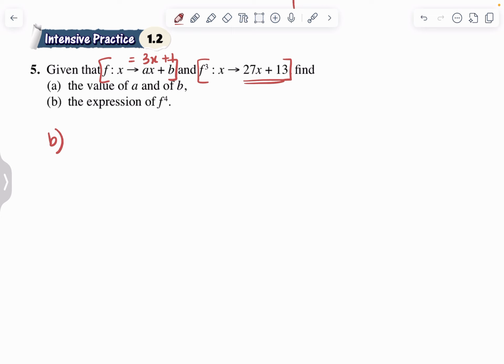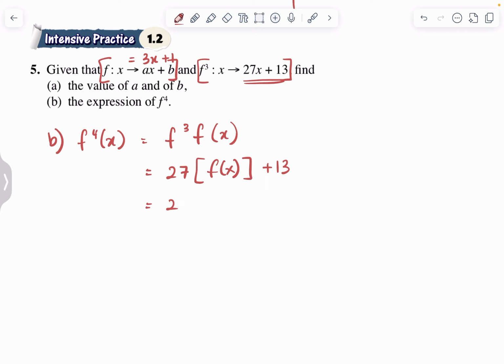Right, let's look at the expression of f4. So f4 of x will be the same as f cubed of f(x). So if f cubed of x is 27x plus 13, f cubed of f(x) will be 27 f(x) plus 13. So the f(x) is then 27 times (3x plus 1) plus 13.